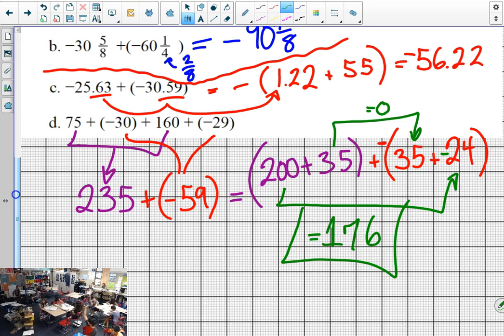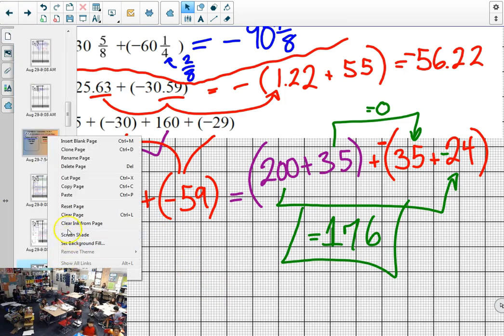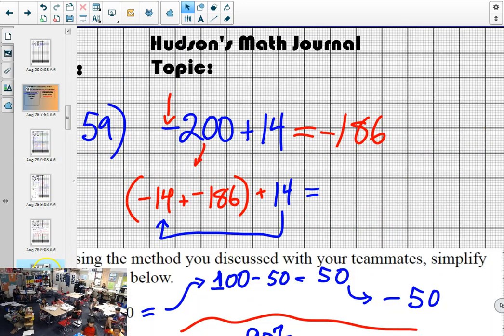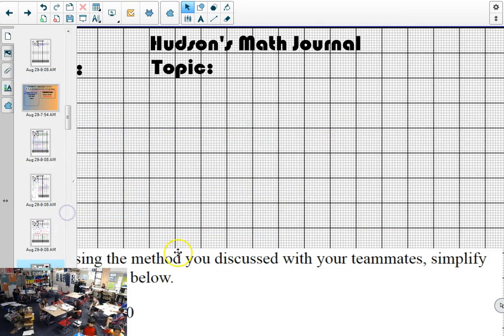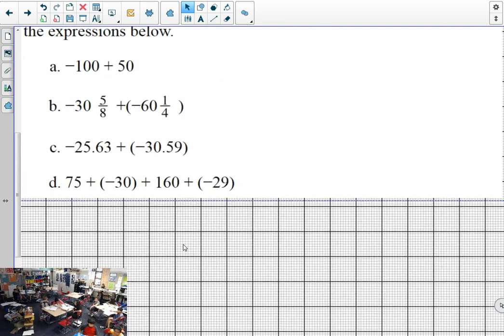How'd you do it? What I saw when I first looked at the numbers was that 160 minus 30 would easily be 130. And then I see the 29, which got 101.